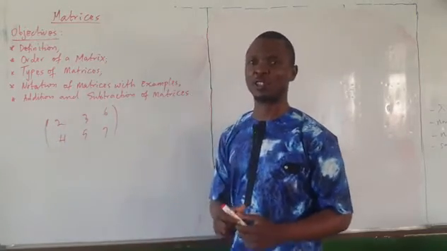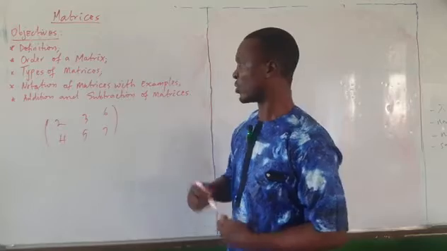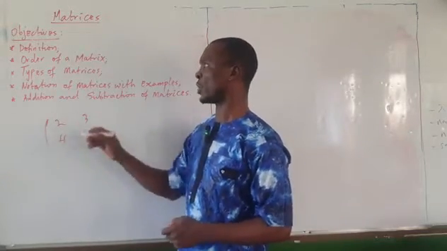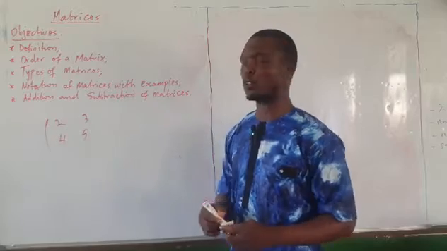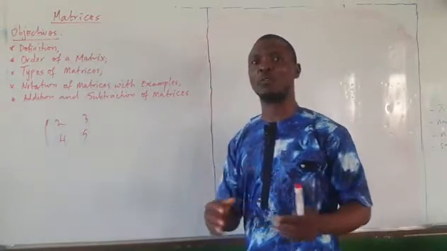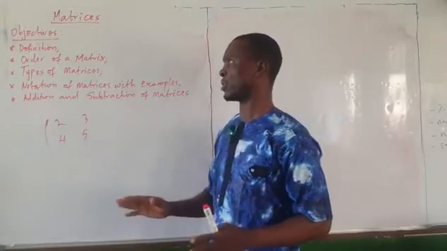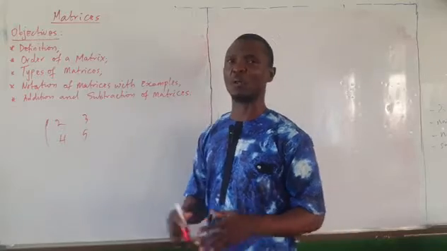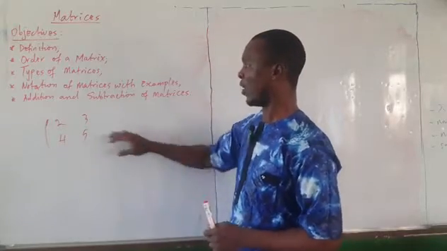So that is the definition of a matrix. The singular form is matrix, while the plural form is matrices. After the definition, we move to the order of a matrix.